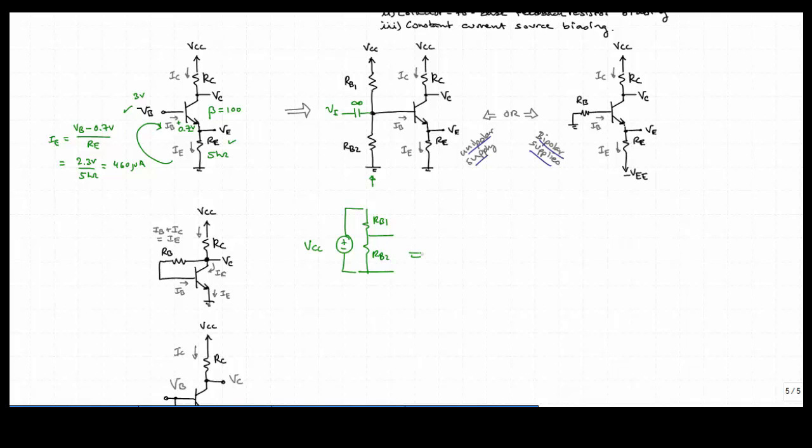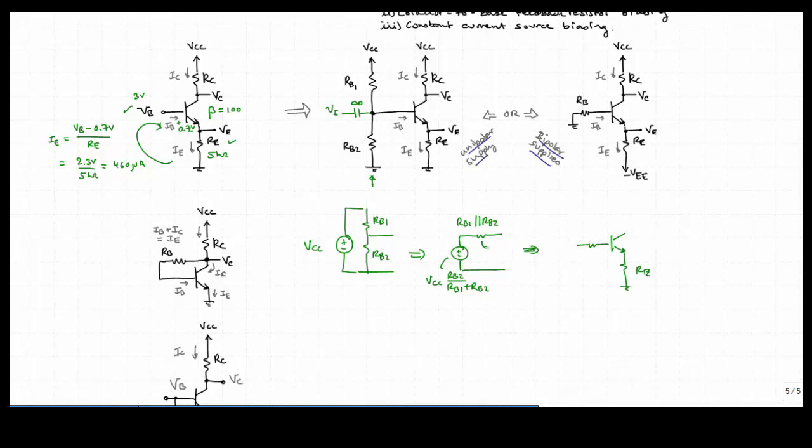So we need to simplify the circuit in order to make the analysis more straightforward. And so what we're going to do is take the VCC and RB1 and RB2 and Thevenize that. So we can redraw. Let me do it this way. So we have these two resistors, and we have a voltage source, VCC. And this is equal to a Thevenin source. That would be VCC times RB2 over RB1 plus RB2. And a Thevenin resistance that would be equal to the parallel combination of RB1 and RB2. So now we use this to redraw our circuit.